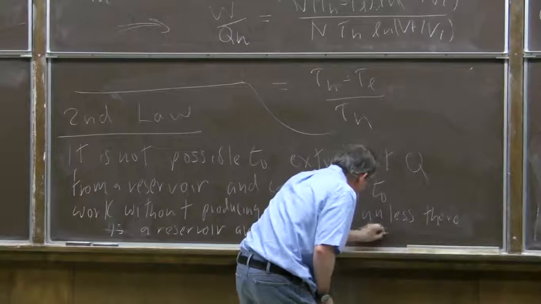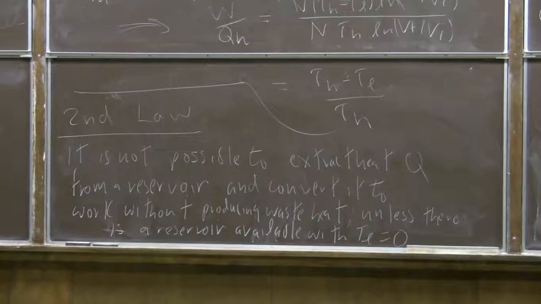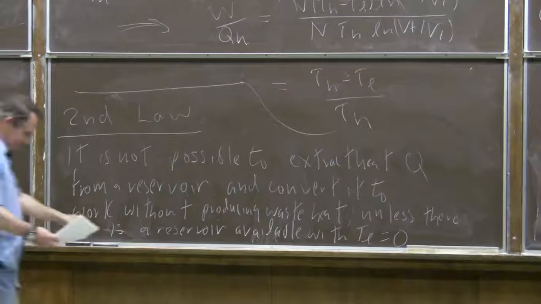With tau lower equals 0, which certainly follows from our statement about Carnot efficiency being less than 1 if tau L is positive.